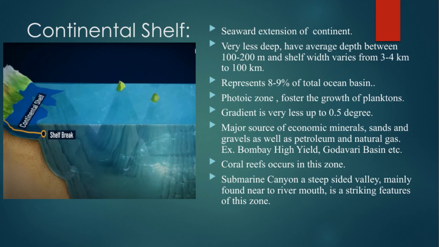You'll also find submarine canyons here. These are steep-sided valleys, mostly near river mouths, and they're quite striking features of the continental shelf. Overall, the continental shelf plays a vital role in marine life, economic resources, and geological features, making it a key part of the ocean's structure and our natural environment.